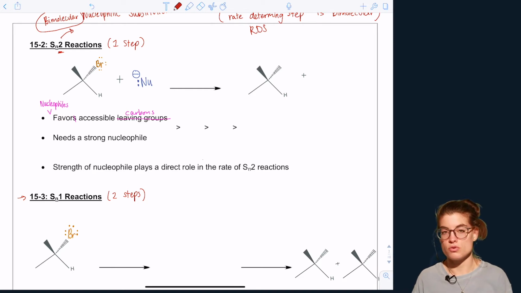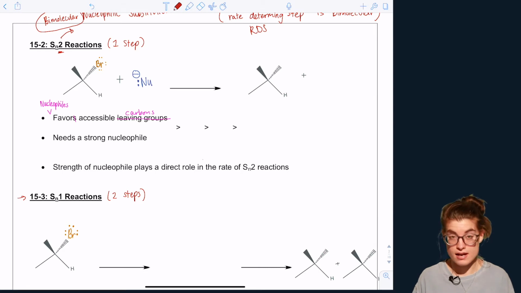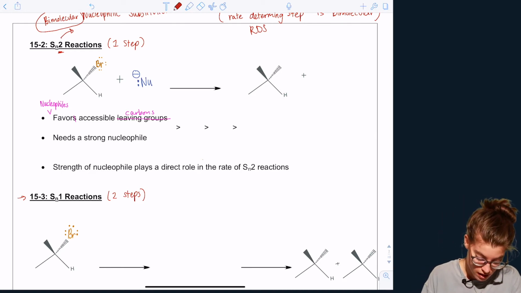If SN2 is a 1-step reaction, that means it's all 1 step, which means that that 1 step must also be classified as the slowest step because it's the only step that's happening, okay? So this step is the rate determining step, which means that the reaction here involves 2 molecules because we know the rate determining step is bimolecular, and it does involve 2 molecules.